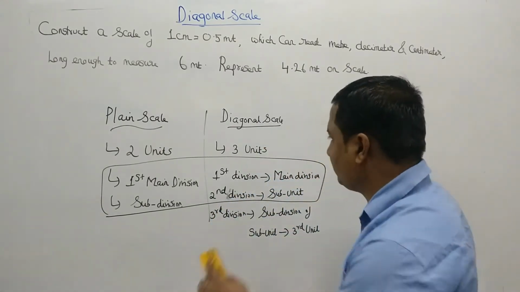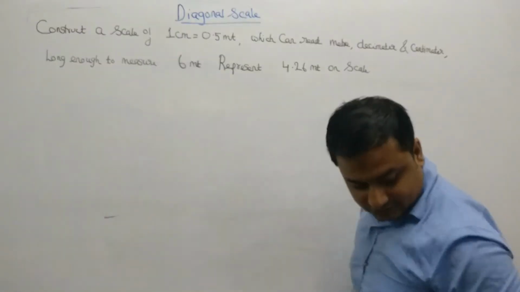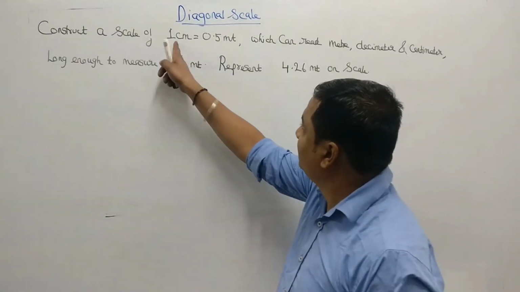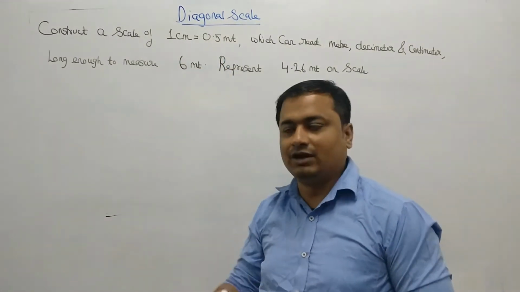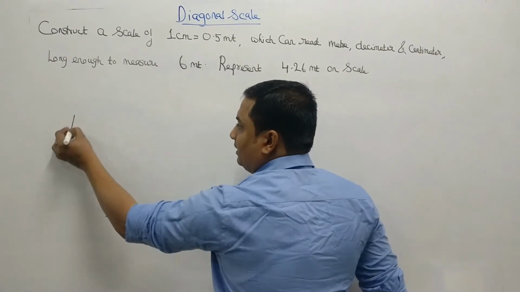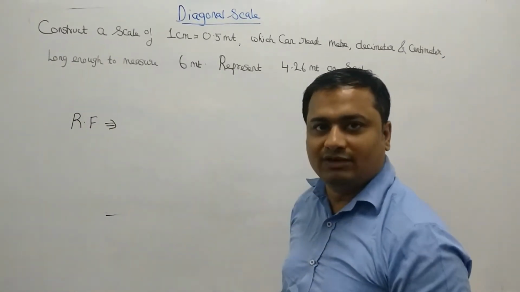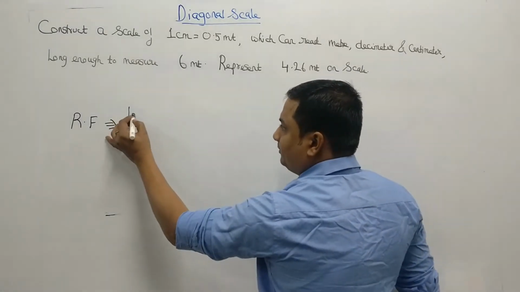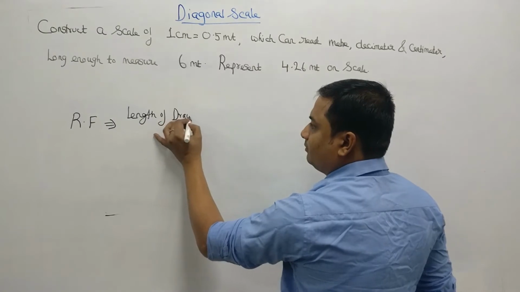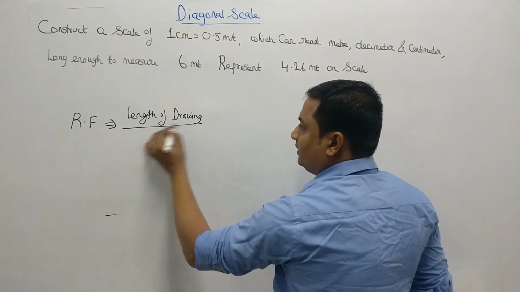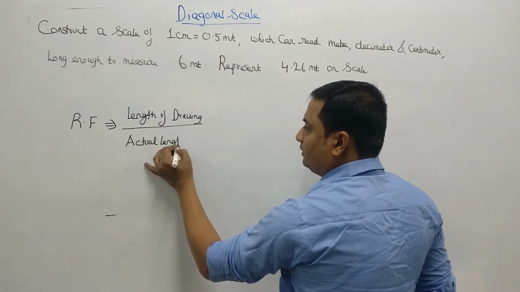So now coming to the problem. The problem is, construct a scale of 1 centimeter equal to 0.5 meter. This relation is given to you just for finding the value of RF. We all know what RF is. RF is the representative factor, and the formula for calculating the RF is length of the drawing upon actual length.